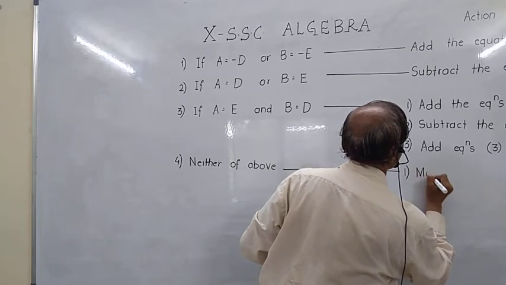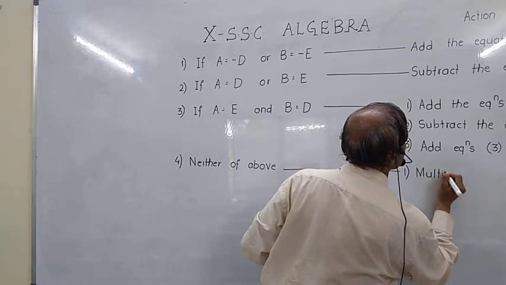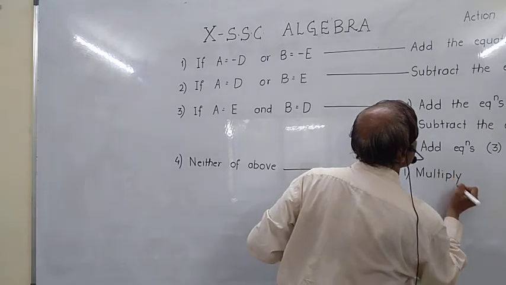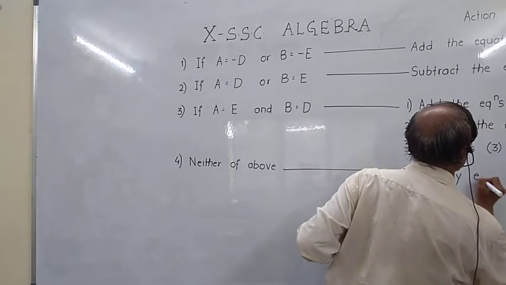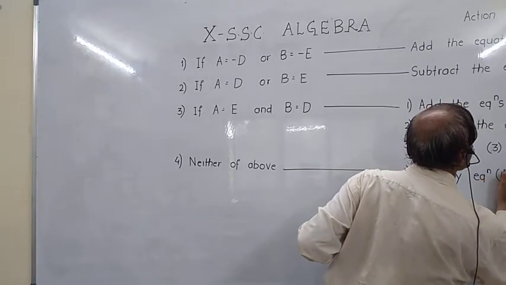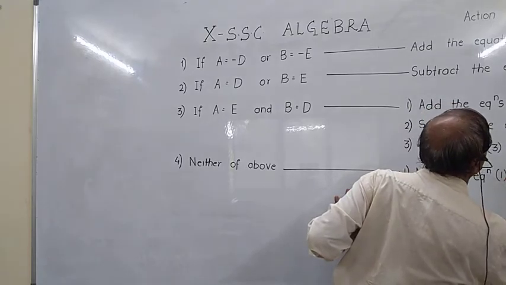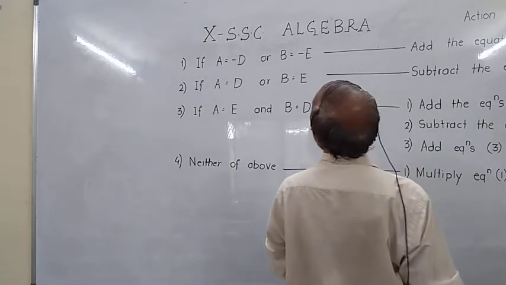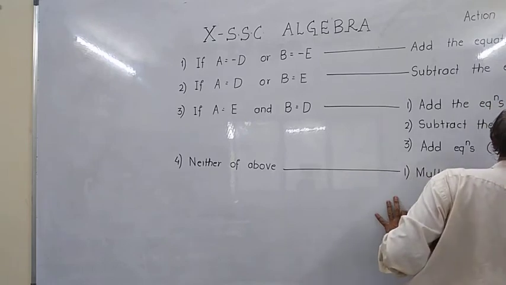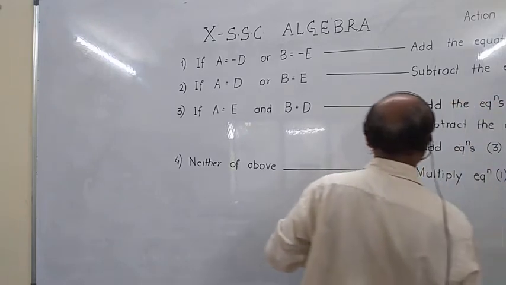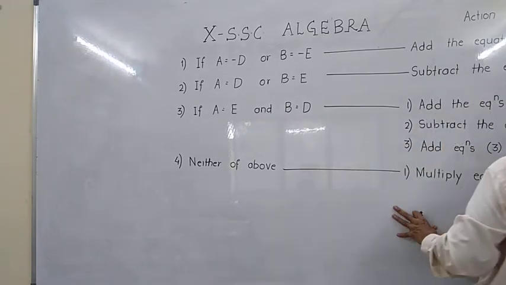Multiply equation 1 with d. Then you get equation 3.